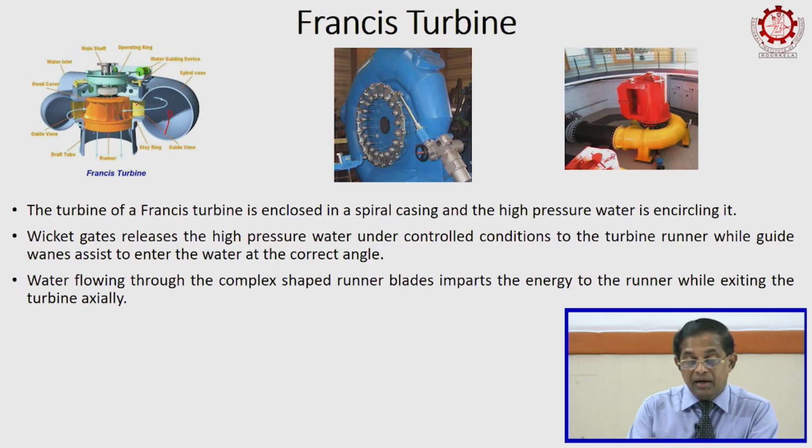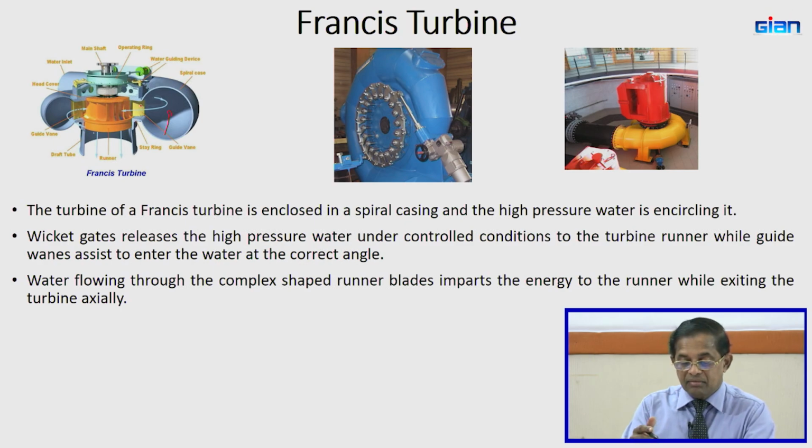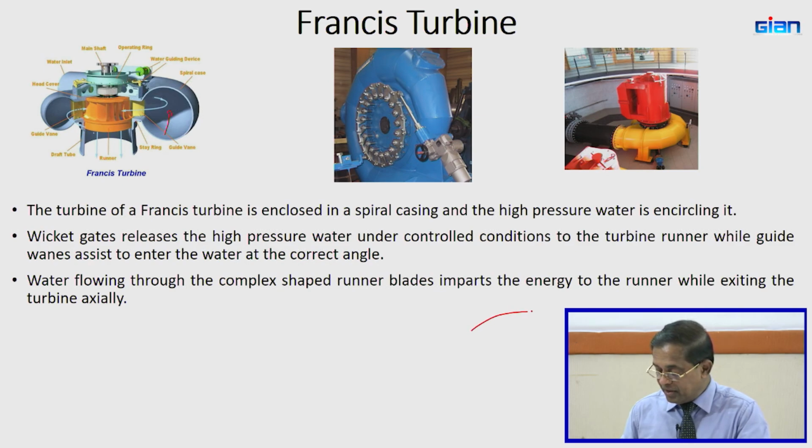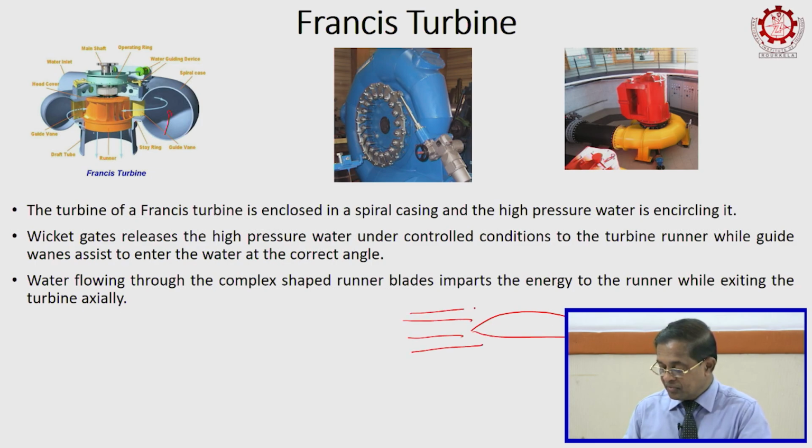We do not have nozzles like needle valves; we have what we call wicket gates, which can open, and then there are guide vanes to guide the water flow and smoothly enter the turbine blade. The turbine blade operates on the Bernoulli principle, where you have one side longer and the other side shorter. The flow comes here just like air flow through an aeroplane.